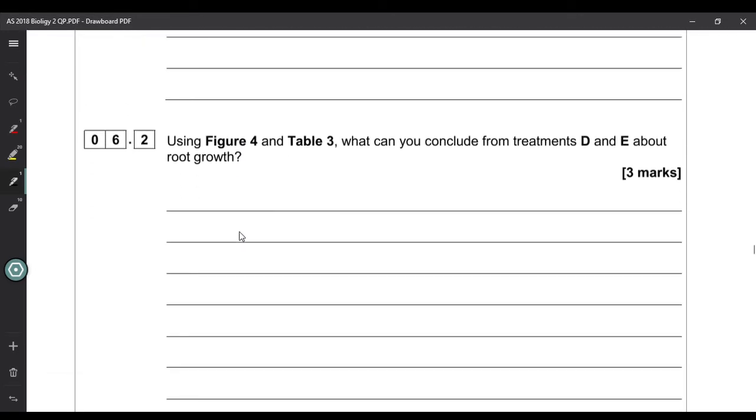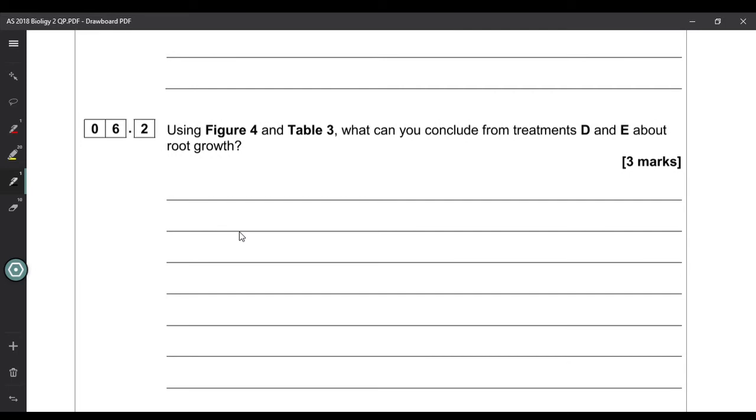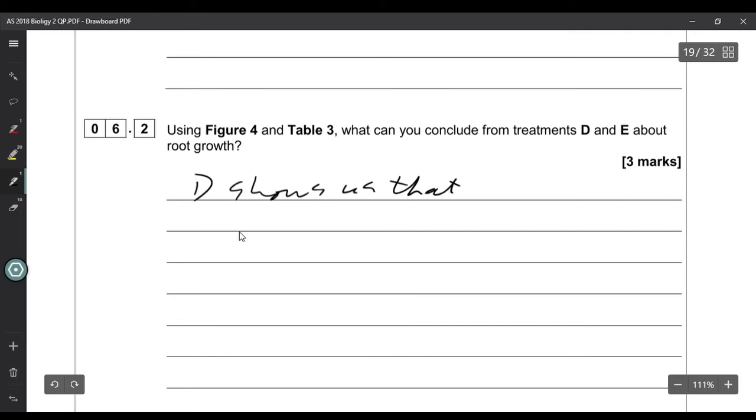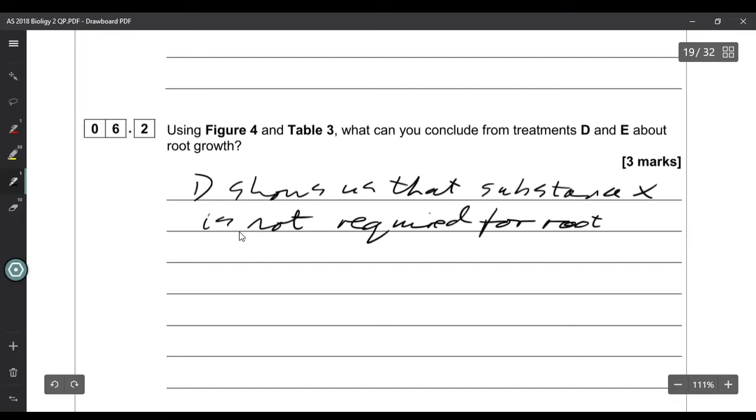So for our answer, we can say that D shows us that substance X is not required for root growth, because we're still seeing roots grow without any substance X there.